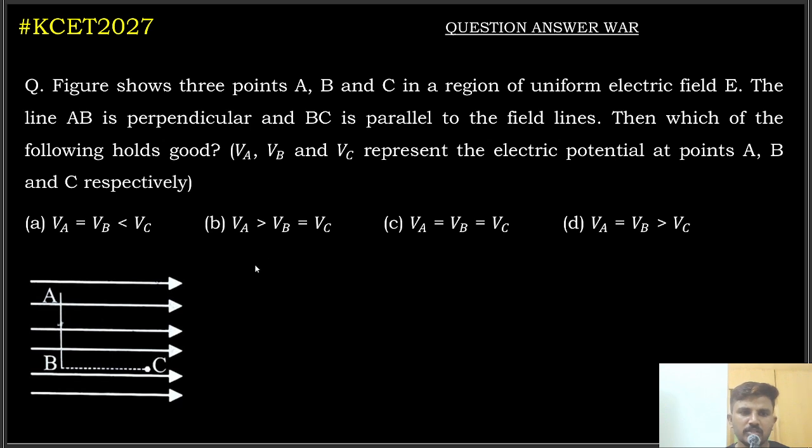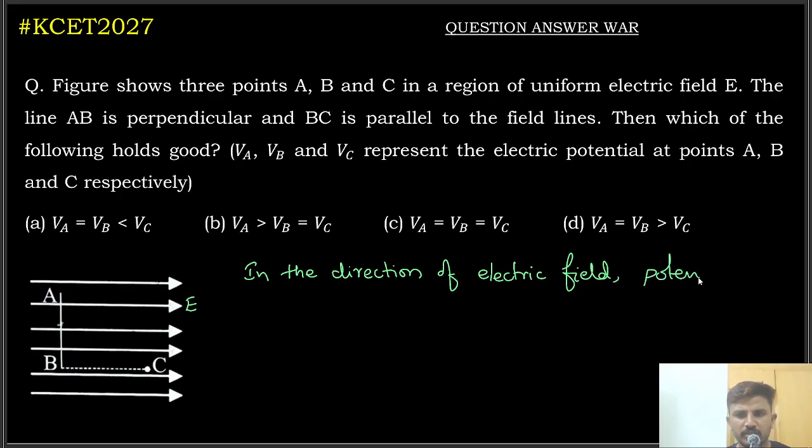But do remember, in the direction of electric field, electric potential decreases. So at C, potential will be less. So option D is correct.